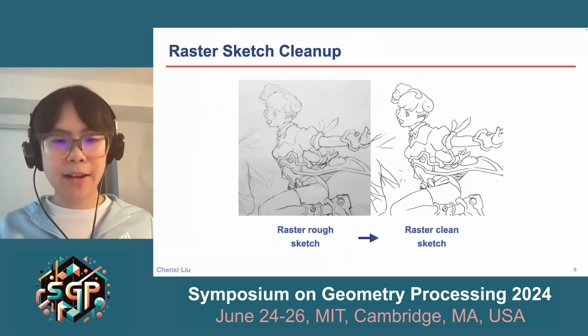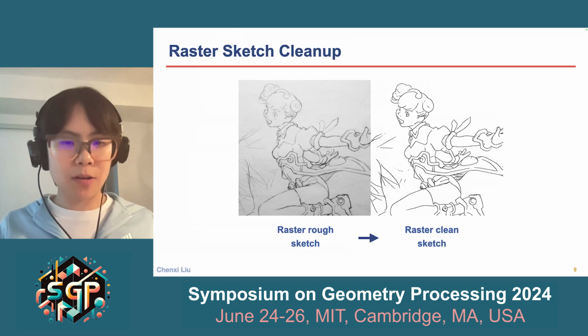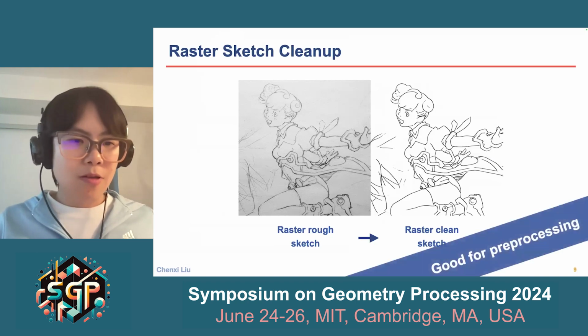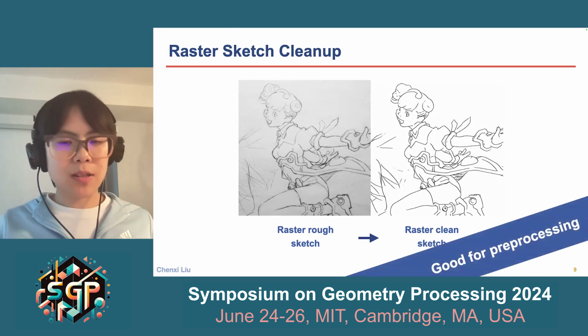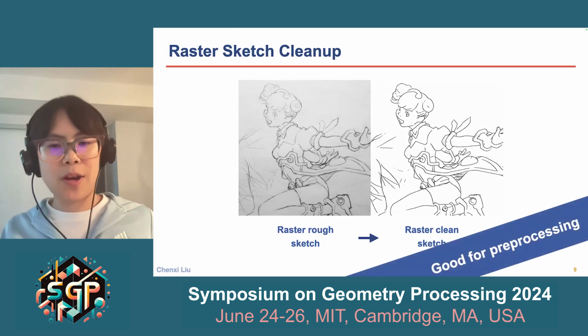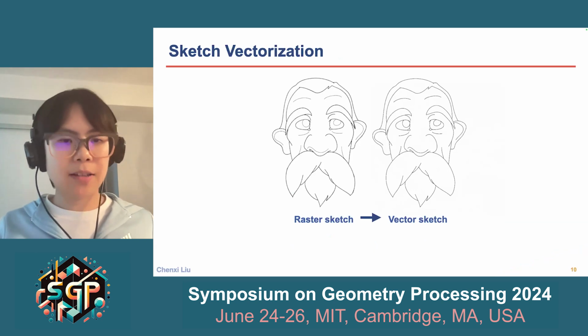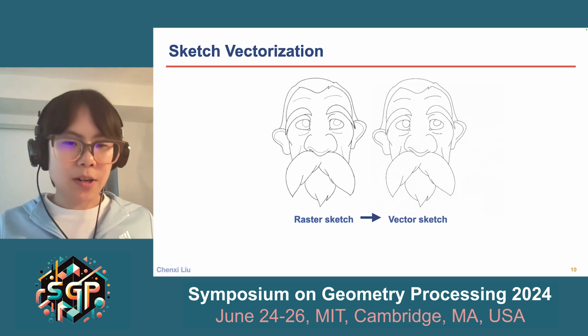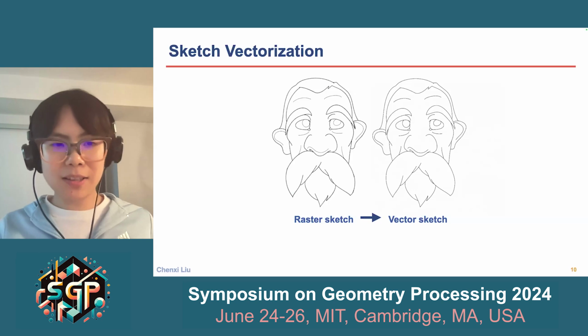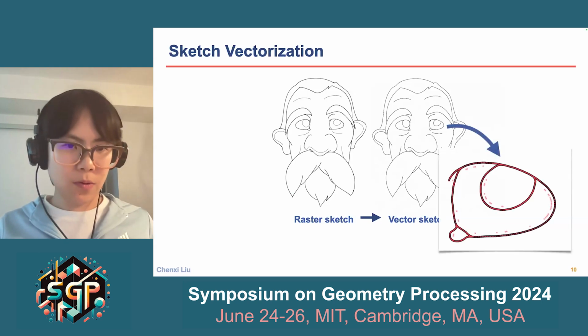Before we talk about actual vectorization, one of the tasks is to clean up rough raster sketches into clean raster line drawings. This method can be directly used in raster drawing software, and it is also good for pre-processing. Actual sketch vectorization turns stroke center lines into vector curves. For example, here we have the polylines.